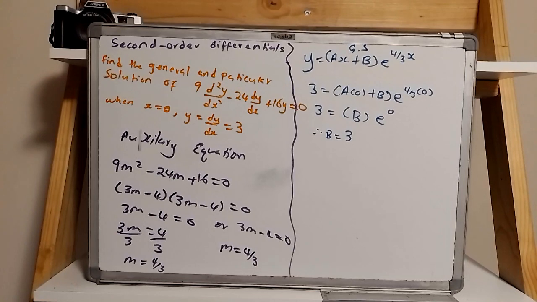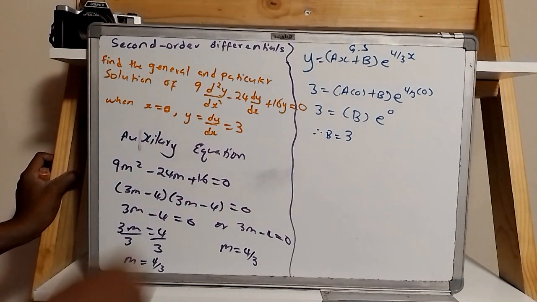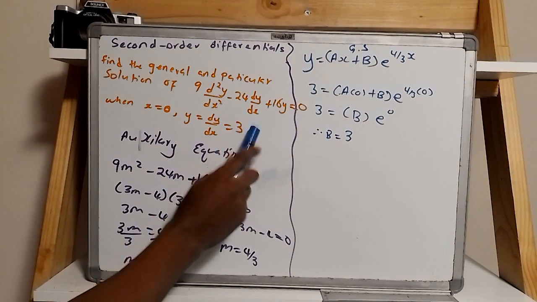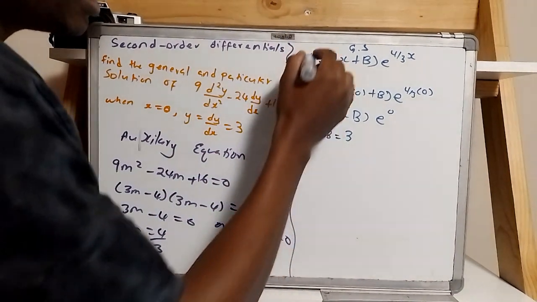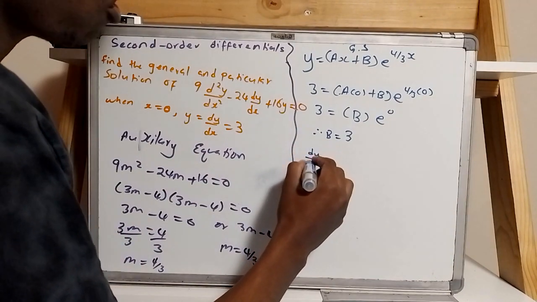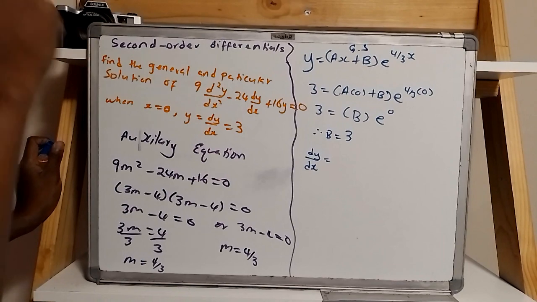So now, let's try to determine the value of a. But we are told that when you differentiate, dy over dx must also give you 3. So here I can differentiate y to get dy over dx. This is the product rule.